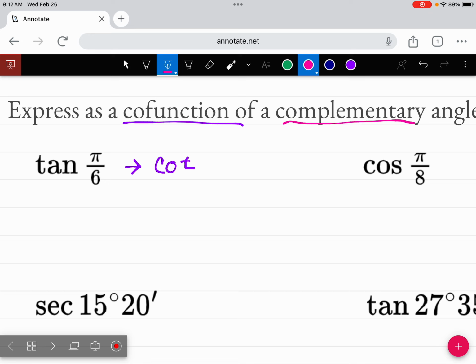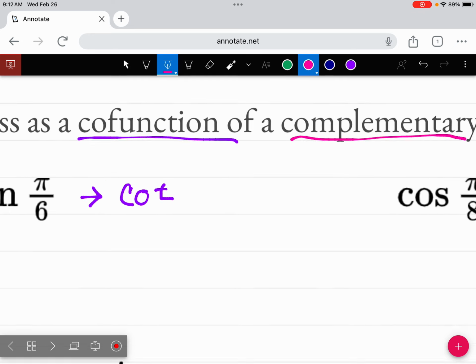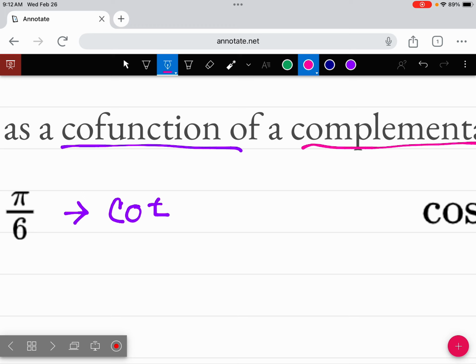So it's putting together the cofunction and the complementary. So what we're going to do for our tangent of pi over 6 is turn this into our cotangent of pi over 2 minus pi over 6.